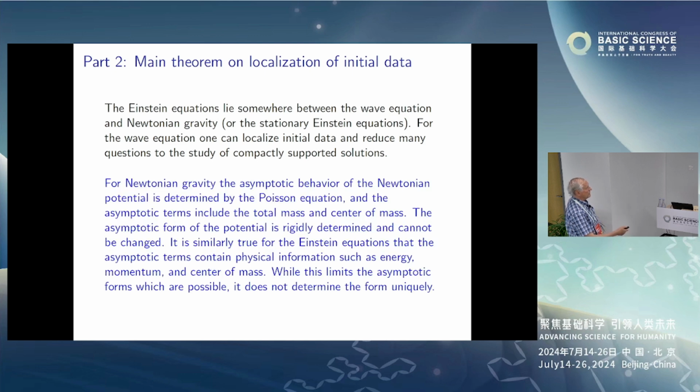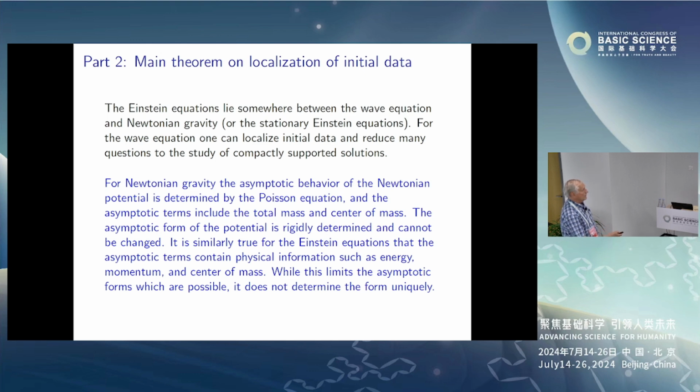Now, on the other hand, for Newtonian gravity, the asymptotic behavior is actually rigid. It's determined by the Poisson equation. And the asymptotics near infinity include important physical terms like the total mass and the center of mass, but they're just rigidly determined by the asymptotic behavior of the solution of the Poisson equation.